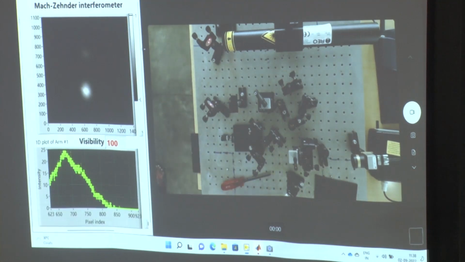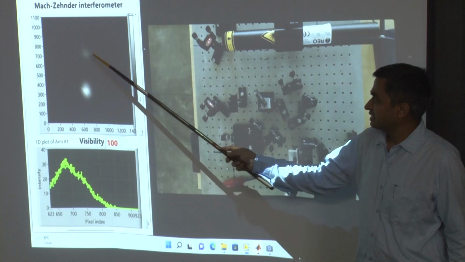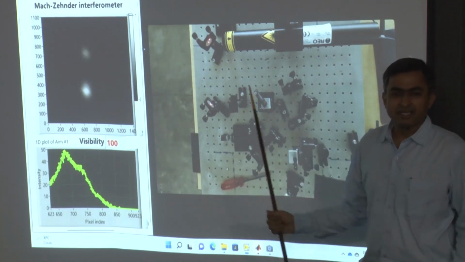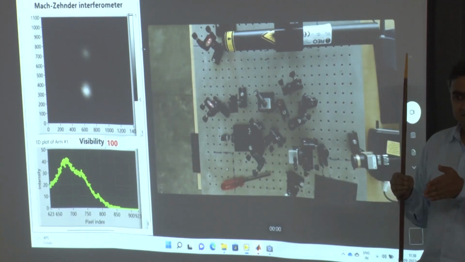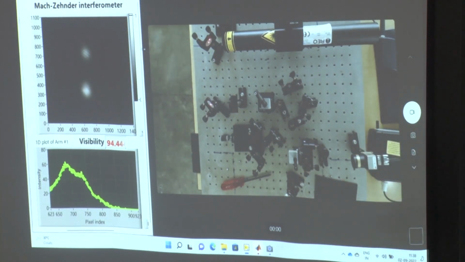So now what you see here is that most of the intensity is coming out from this, and some intensity you get from that, and that is the Mach-Zehnder field, right? The intensity as a function of cosine of (T1 minus T2), cosine tau. So as you increase tau, you can get the condition whether it's minimum or maximum.